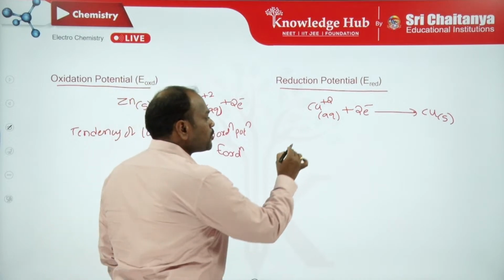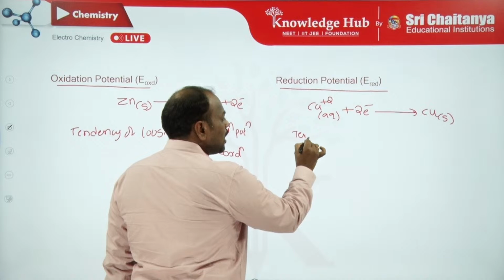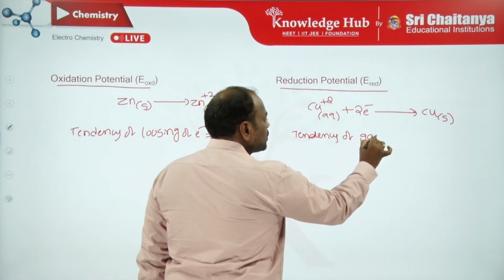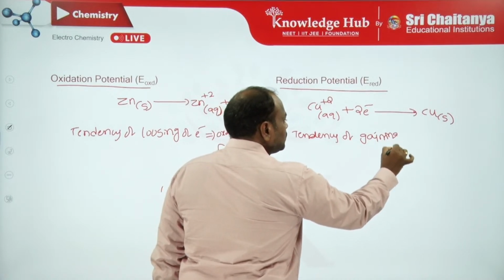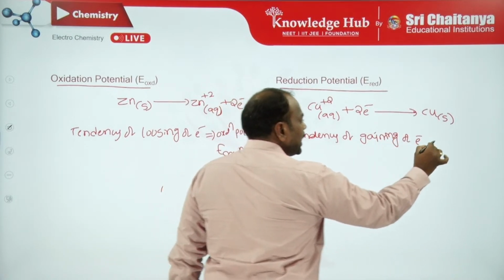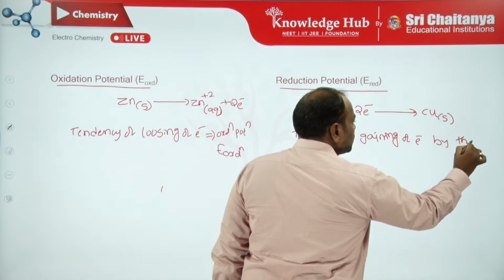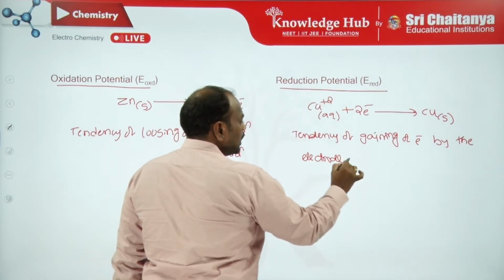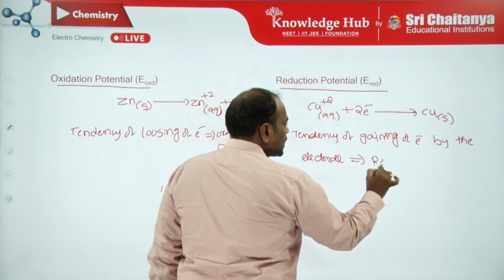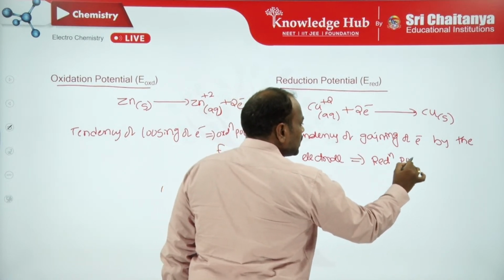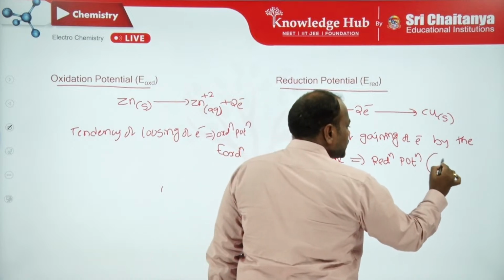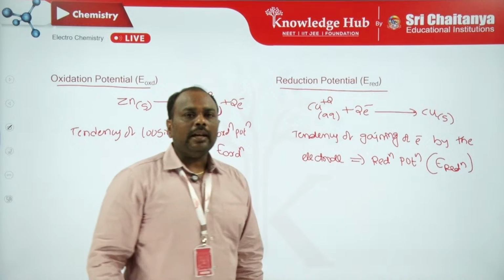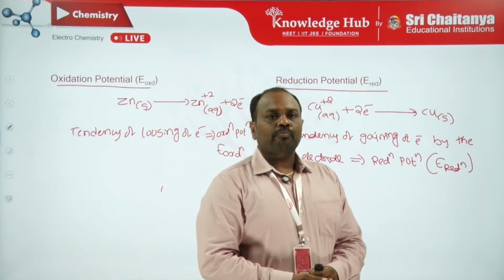So the tendency of gaining electrons by the electrode is known as the reduction potential. It is represented by E reduction. So we get the oxidation potential and the reduction potential.